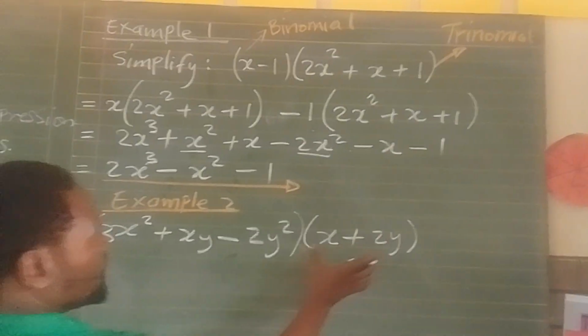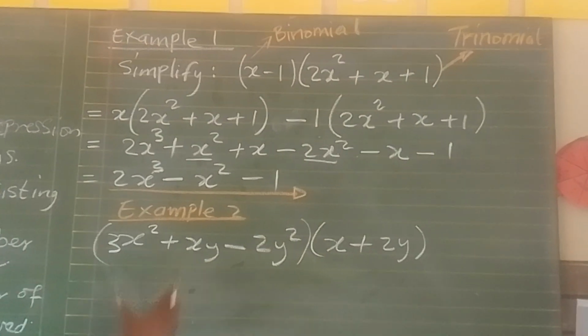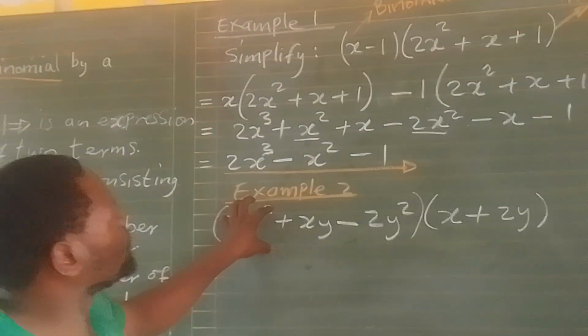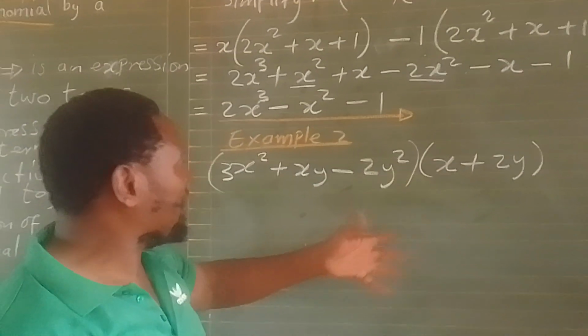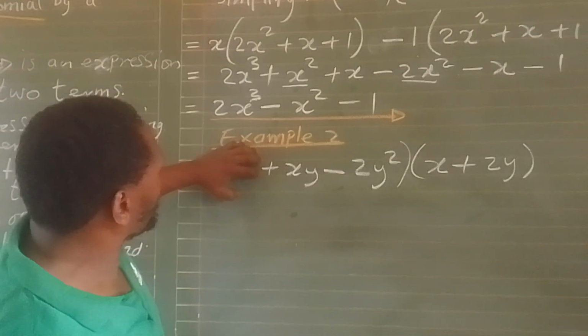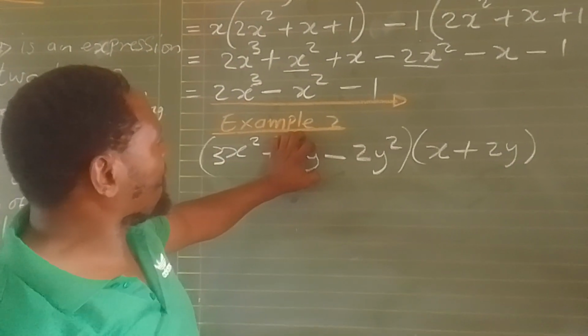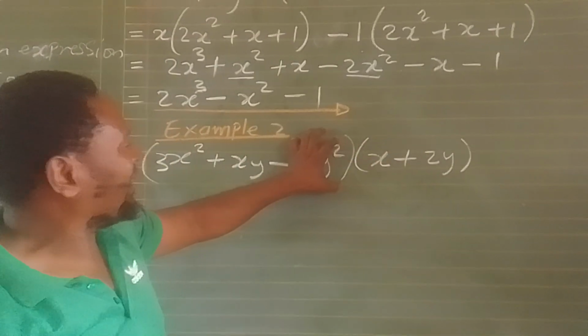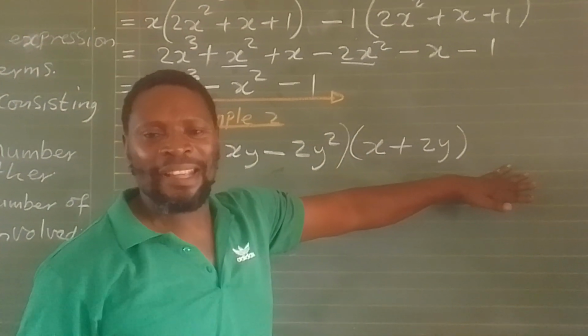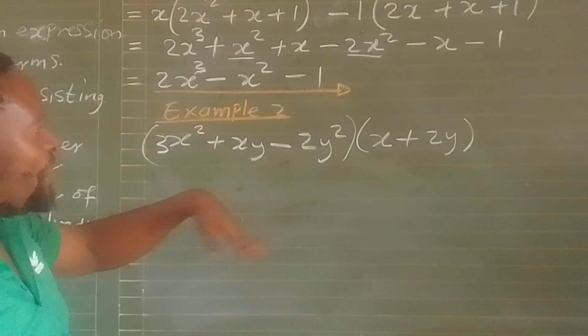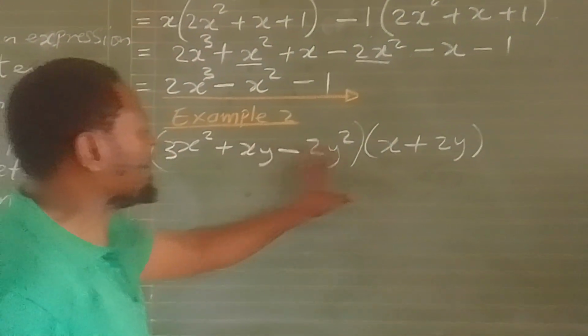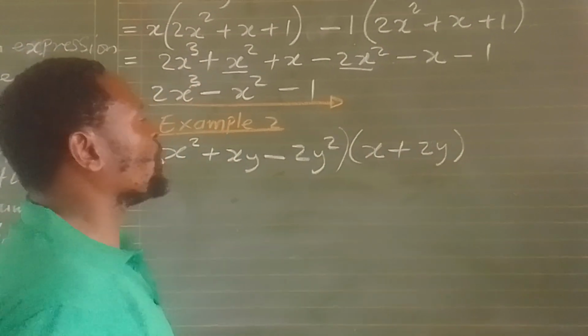Now we do what? You distribute this one into this. Someone may ask, why don't you distribute this into this? Still fine, but you're going to take long. You would grab this and distribute it here, grab this, distribute it here, grab this, distribute it here. It is the same thing, but this is a straightforward method.